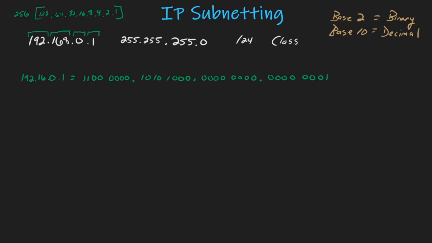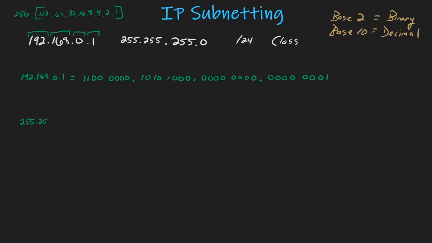That's 192.168, which I messed up writing. .0.1. Let me rewrite that. 168.0.1.